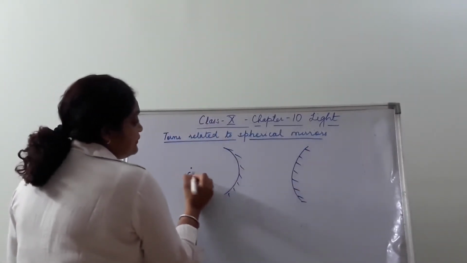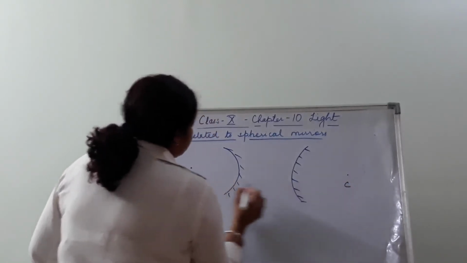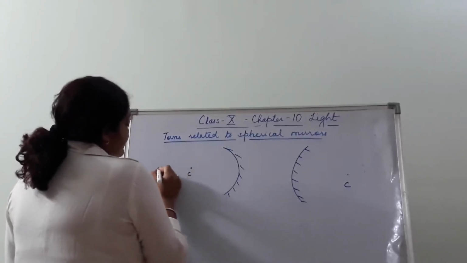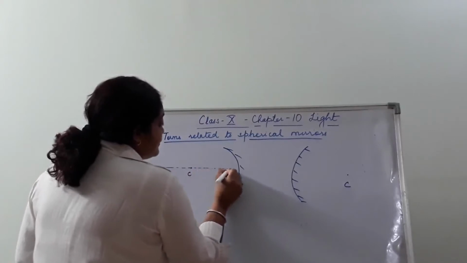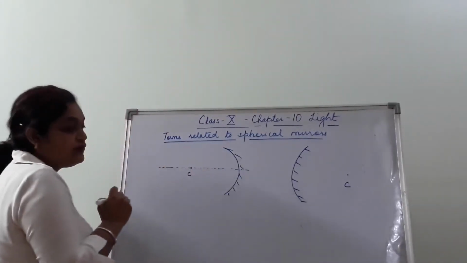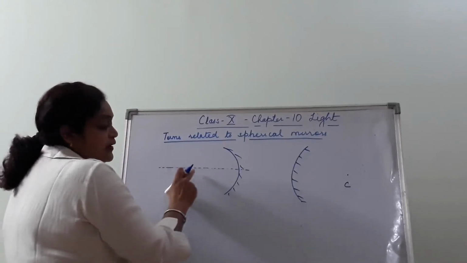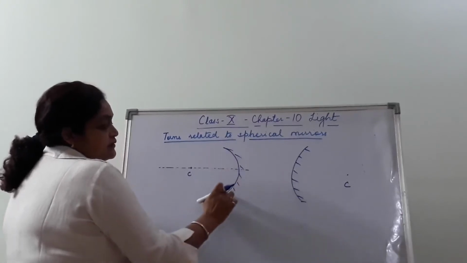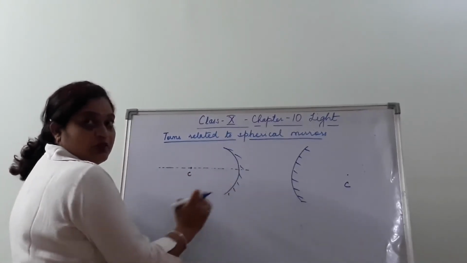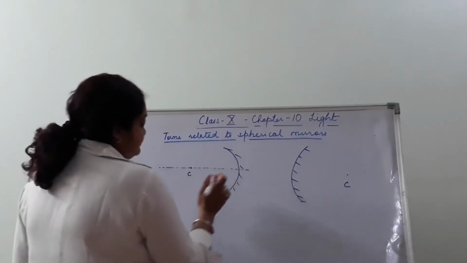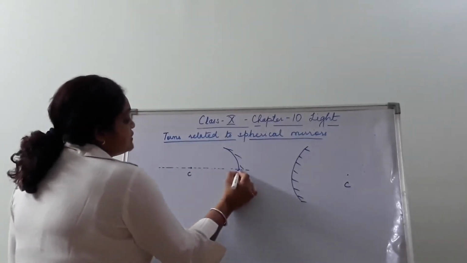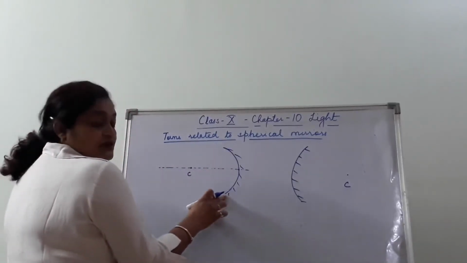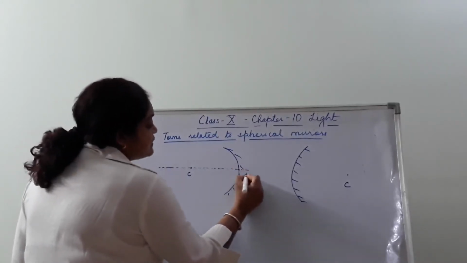This is the center of curvature, this is also the center of curvature. Now suppose an imaginary line passes through the center of curvature and divides this concave mirror into two parts. The point where this imaginary line divides the concave mirror into two parts is called the pole.